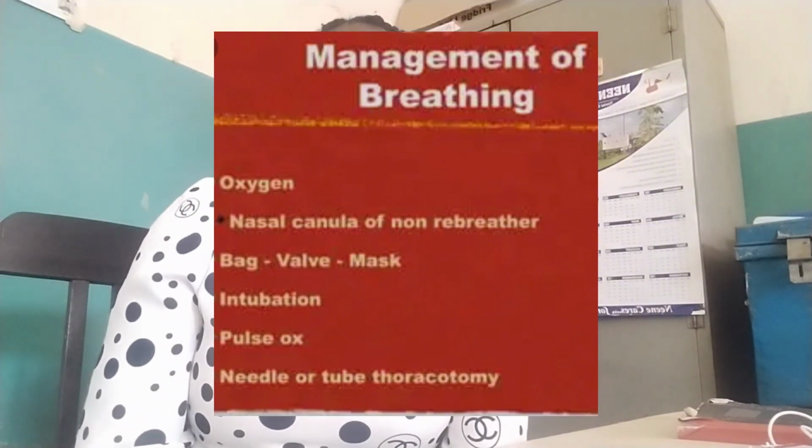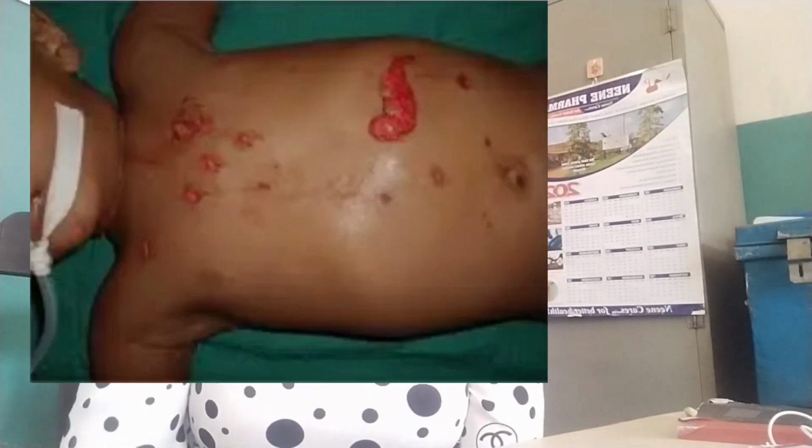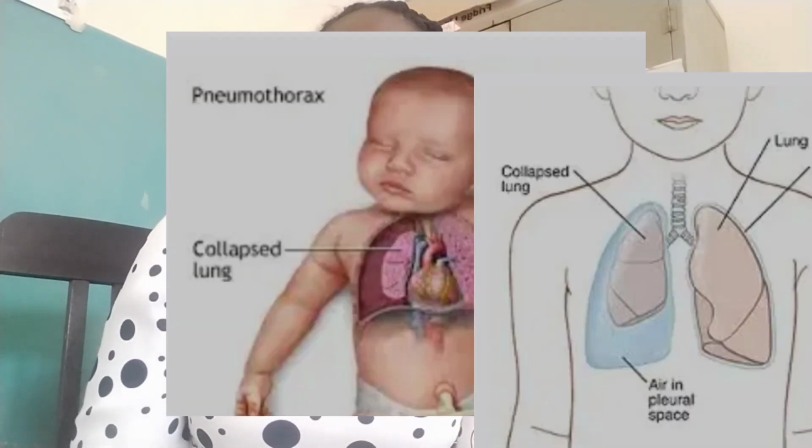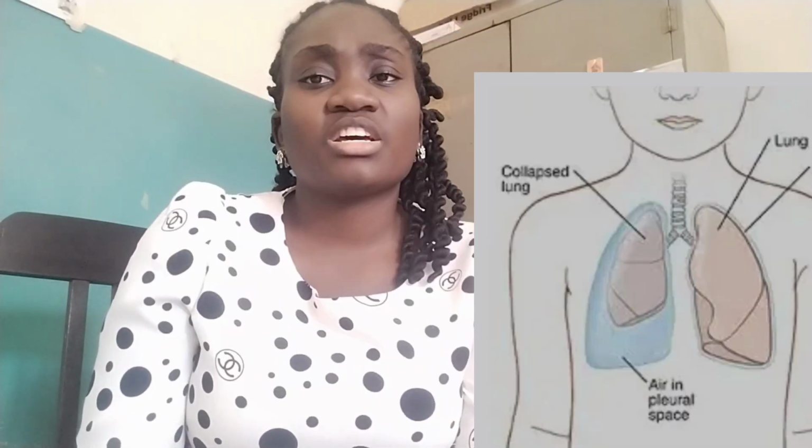Breathing. Chest injuries. Children tolerate chest injury poorly because of the undeveloped chest cavity. Thus, you can find that the chest cavity is not able to protect the viscera. Thus, there can be injury to the viscera without really injury to the ribs or fractures.